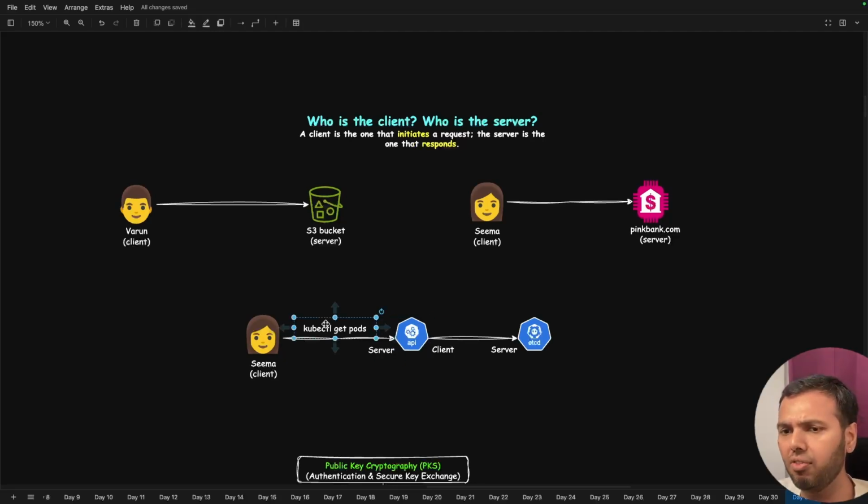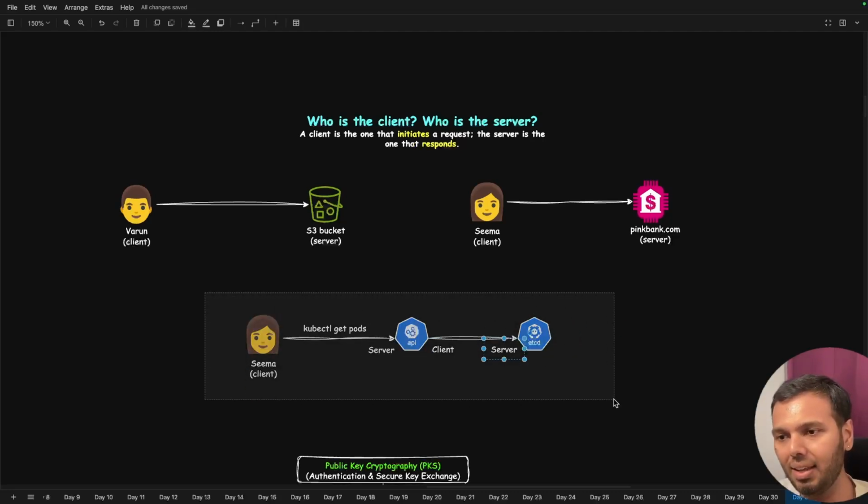But this information of the pods that are running in the Kubernetes cluster is not with the API server. API server will in turn initiate a connection to etcd to know what all pods are running in the cluster. When API server initiates the communication to etcd, API server becomes the client and the etcd data store becomes the server.